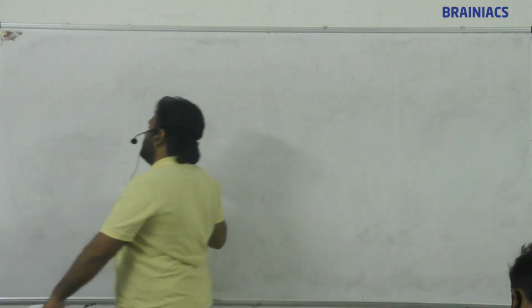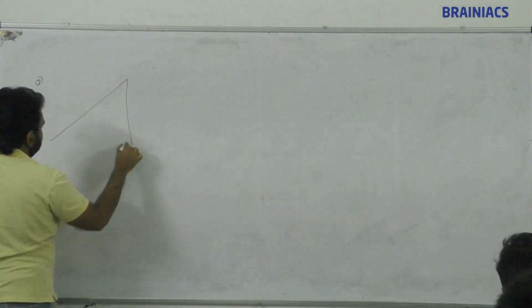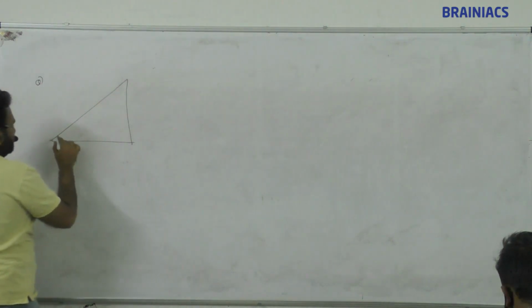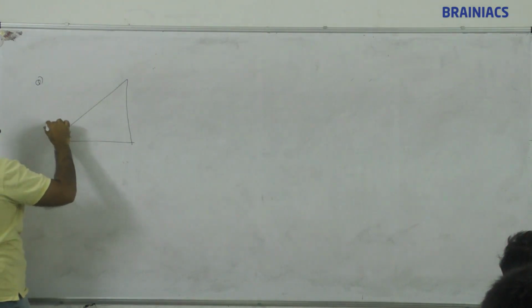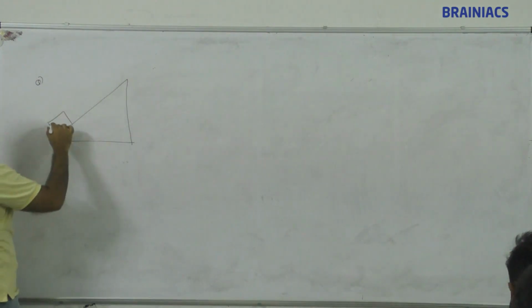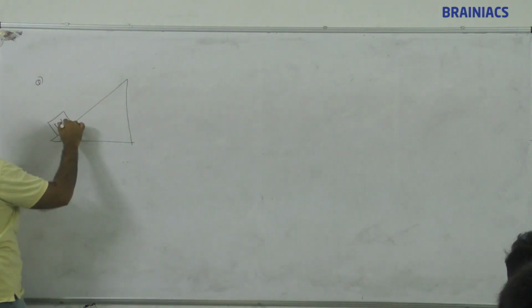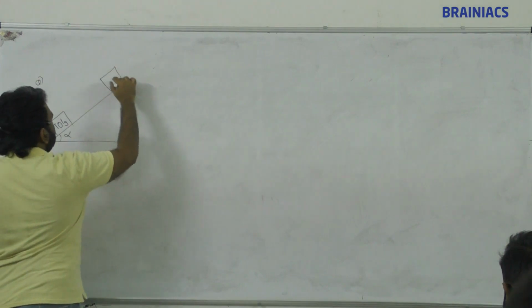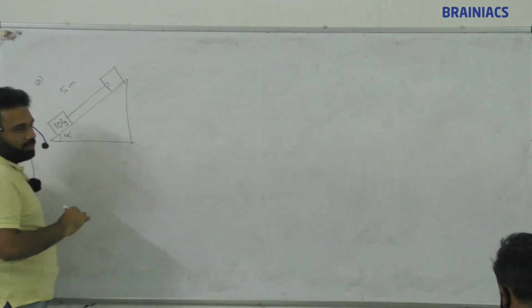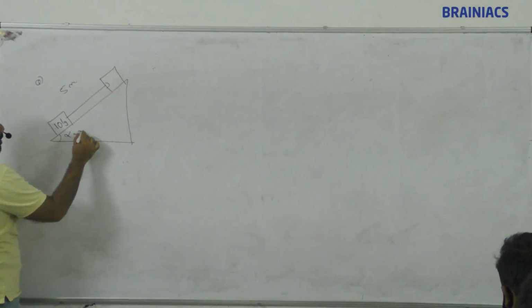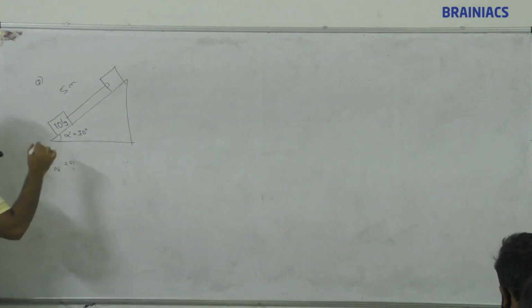See now, alpha. Mass is 10 kg, displacement is 5 meter, and this alpha is equal to 30. What is the work done by the normal reaction?